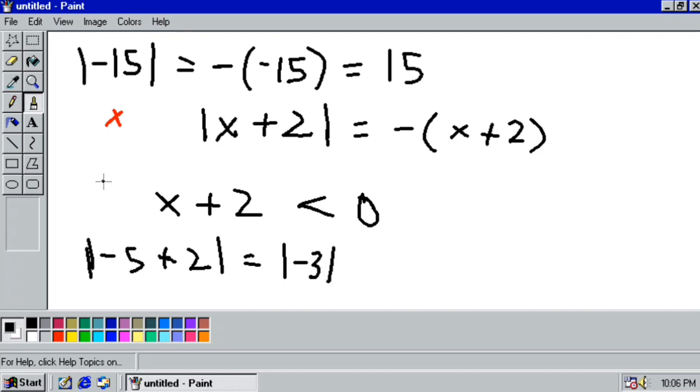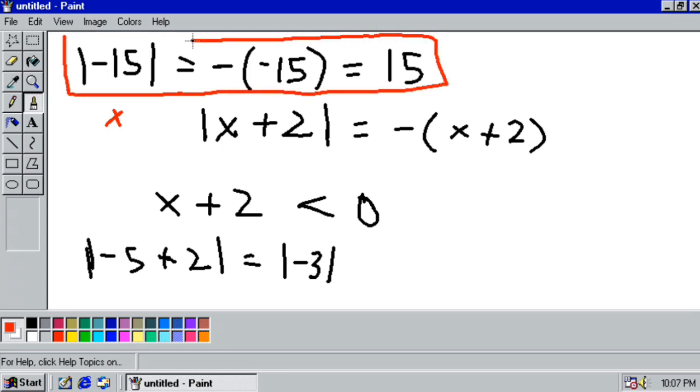Now, let's do the same as I did here. The absolute value of negative 3, so negative 3 is less than 0. So, negative x is the outcome.